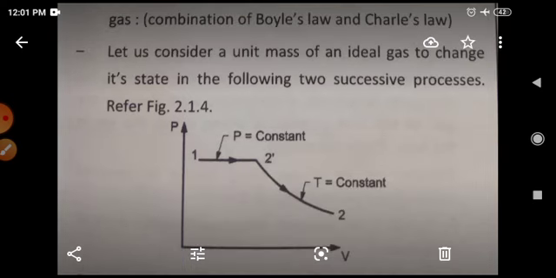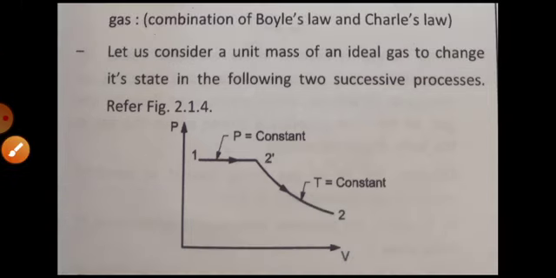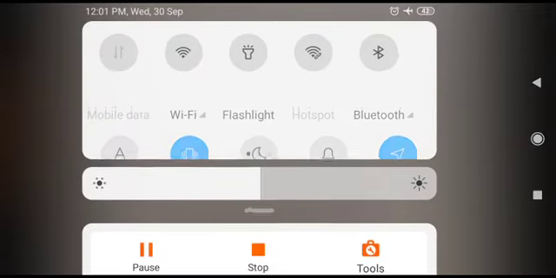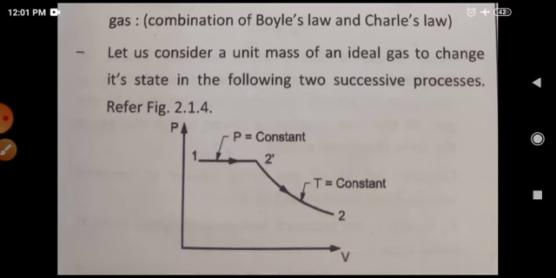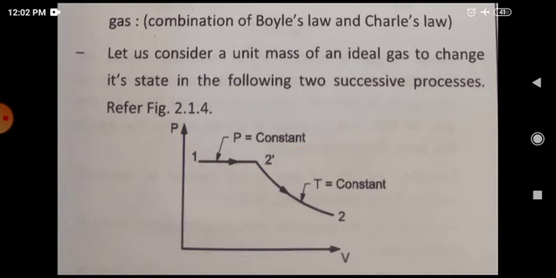You can see over here, there are two processes presented on this PV diagram. Now can you recognize this process? This is pressure, this is volume. Which process is this? As P is constant, according to Charles's law, pressure is constant.